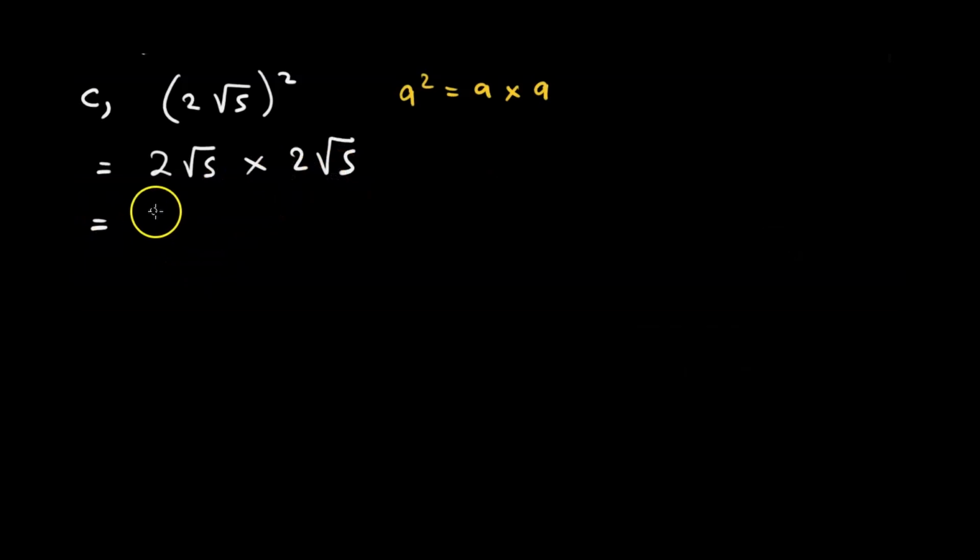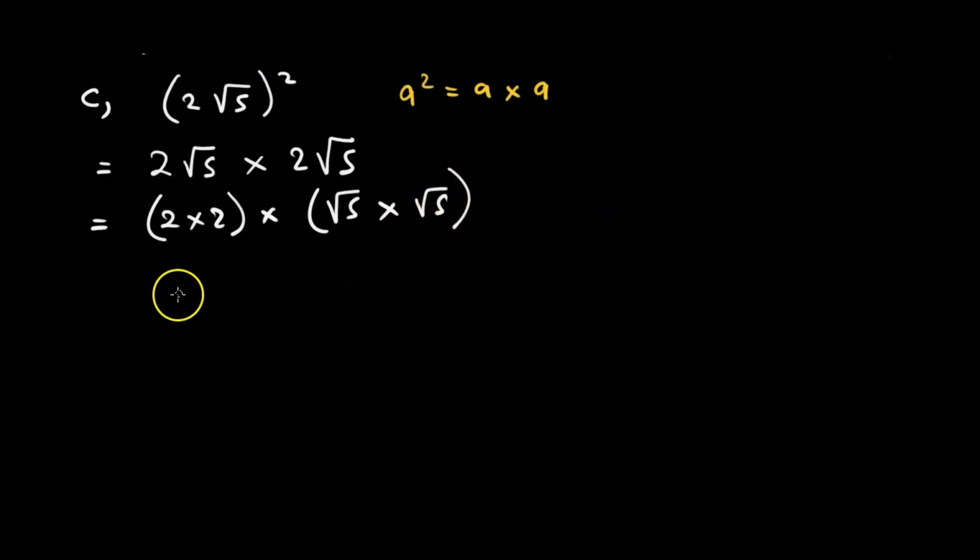Then we multiply the numbers on their own, 2 times 2, and the square roots on their own, the square root of 5 times the square root of 5. We know from what we illustrated that the square root of 5 times the square root of 5 is equal to 5. Here we have 2 times 2 is 4, times 5. So our final answer is 20.